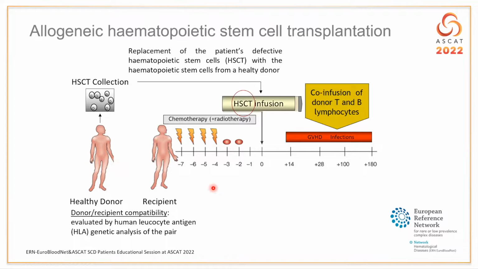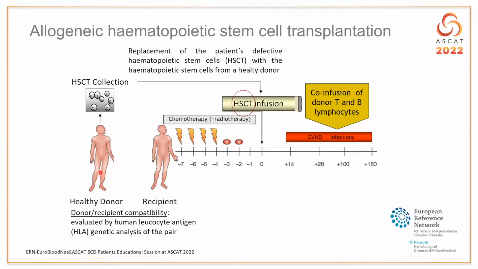Marrow ablation is a condition that we have to achieve. We have to destroy all the stem cells present in the bone marrow of the recipient in order to allow the engraftment of the donor cells. So this is the conditioning regimen. Then we have a healthy donor that can donate either bone marrow cells or peripheral blood stem cells.